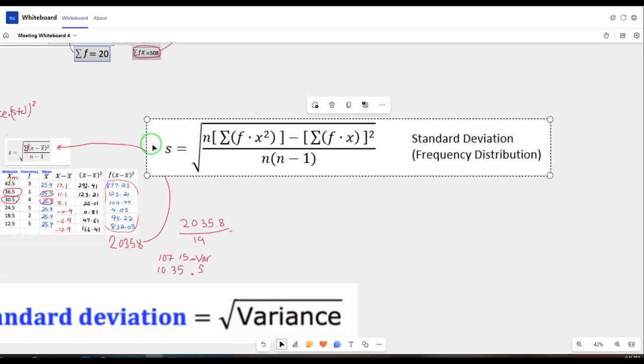These two calculate the same thing, but the point is, if you use this one, the answer would be a little bit different from this, but it doesn't matter because the difference is not that huge. But at the end of the day, it's up to you which one to use.